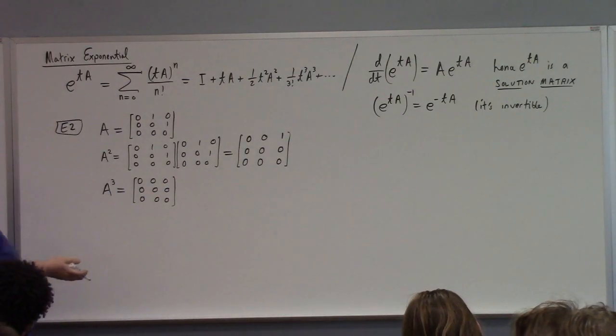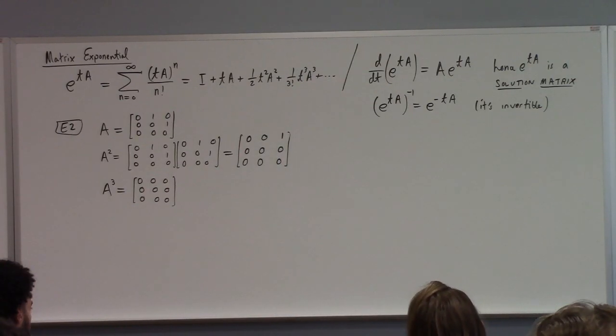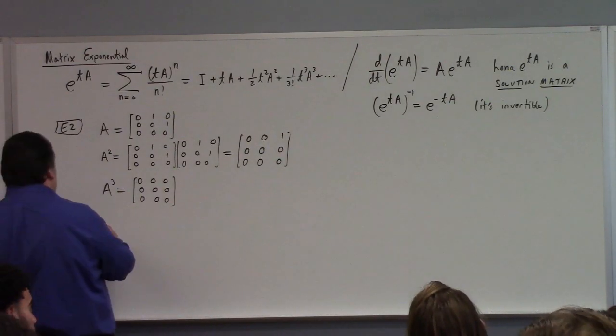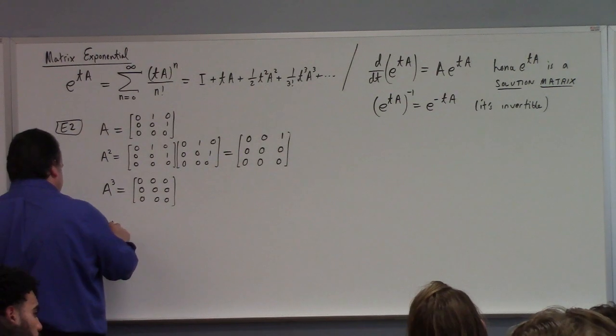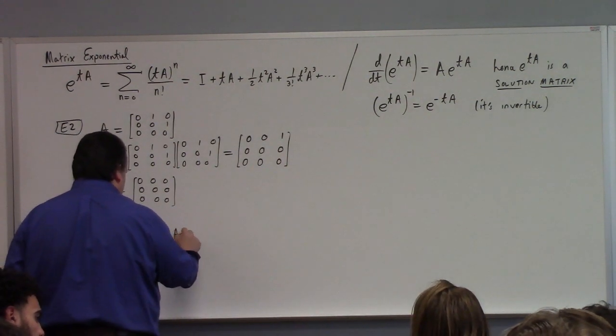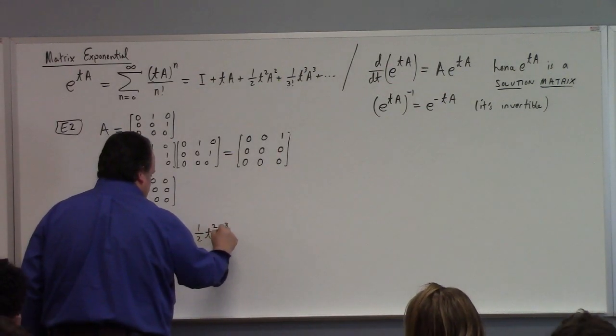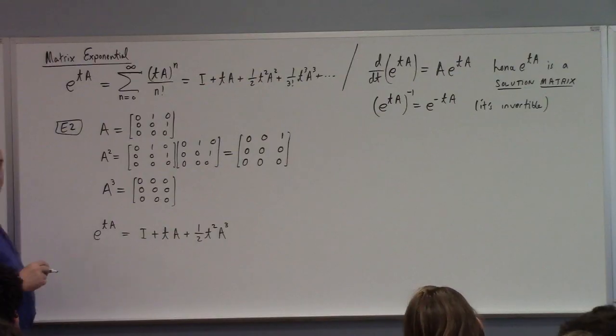So this is a super nice example because we can actually just straight away calculate the matrix exponential directly. The matrix exponential is an infinite series of matrices, right? But most of those are 0. So see how it goes? e to the tA is what? We have the identity matrix plus t times A plus 1/2 t squared A squared. And past that, everything is 0.